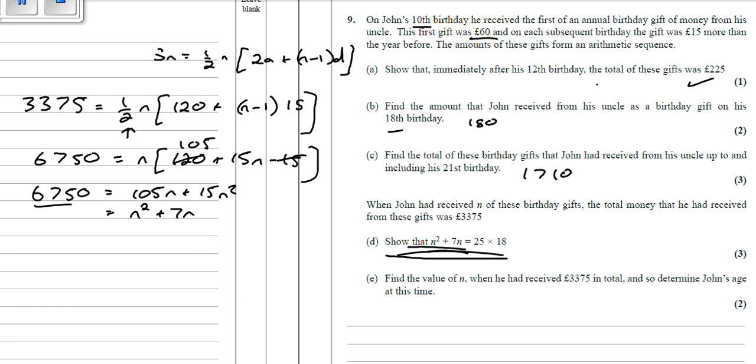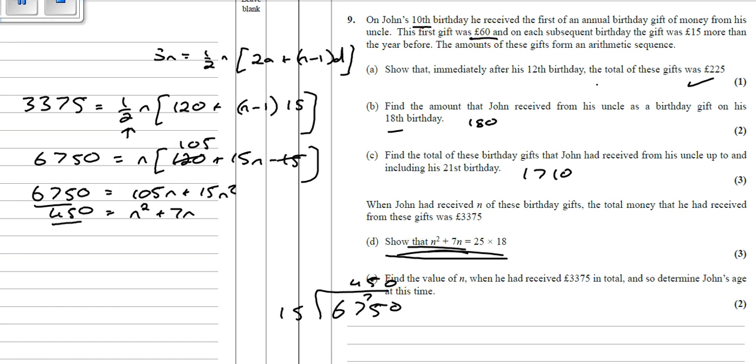If we divide this by 15, 6,750 divided by 15. 15 goes into 67 4 times with 7 remainder. 15 goes into 75 5 times with no remainder and doesn't go into 0 at all, so that equals 450. So 450 just so happens to be 25 times 18.